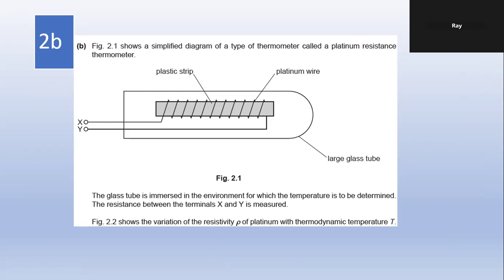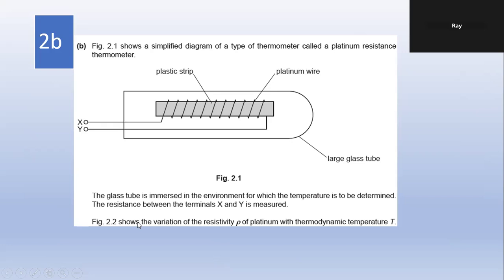Figure 2.1 shows a simplified diagram of a type of thermometer called a platinum resistance thermometer. The glass tube is immersed in an environment from which the temperature is to be determined. The resistance between the terminals X and Y is measured.